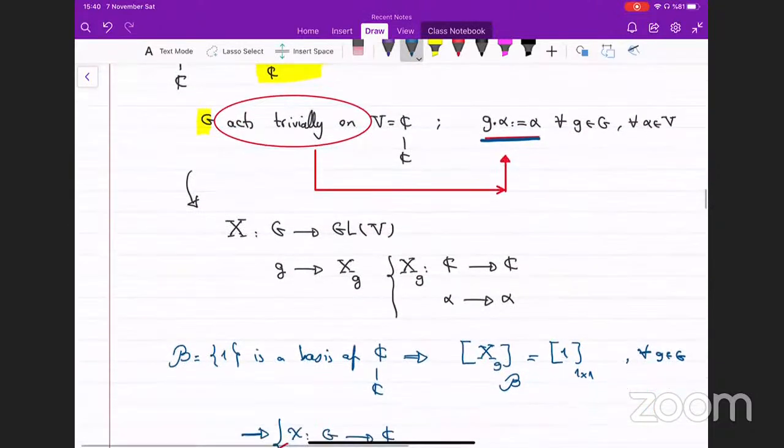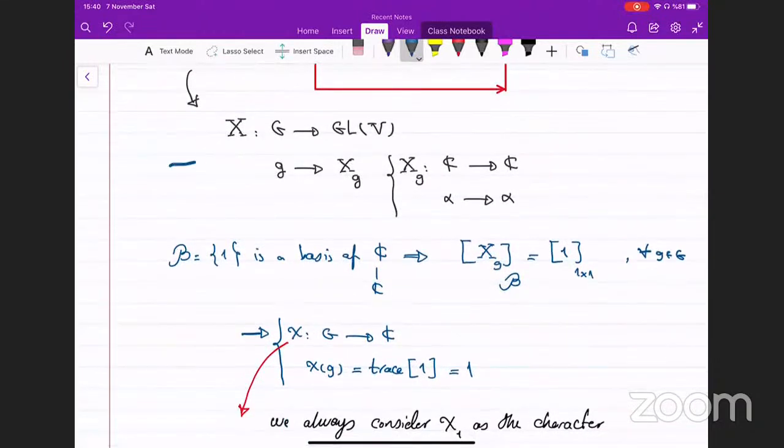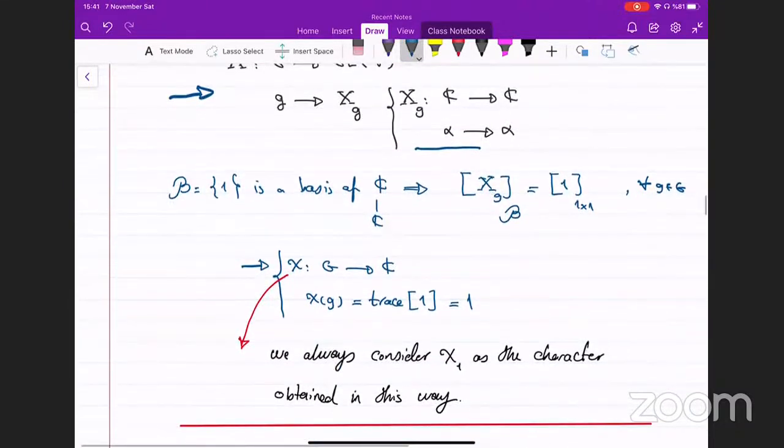Out of this action, I can rewrite this homomorphism from G to GL(V). According to the way that I define it, chi index G sends any alpha to alpha itself. And here I'm working with a vector space of dimension 1, so any matrix that I obtain here is a 1 by 1 matrix, which will actually be the matrix 1.